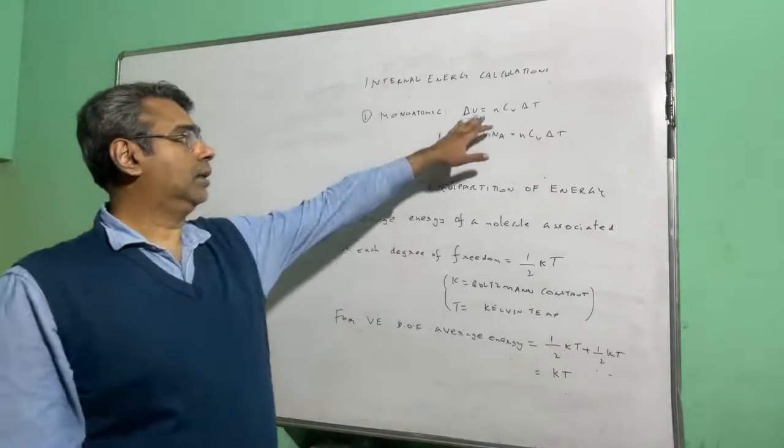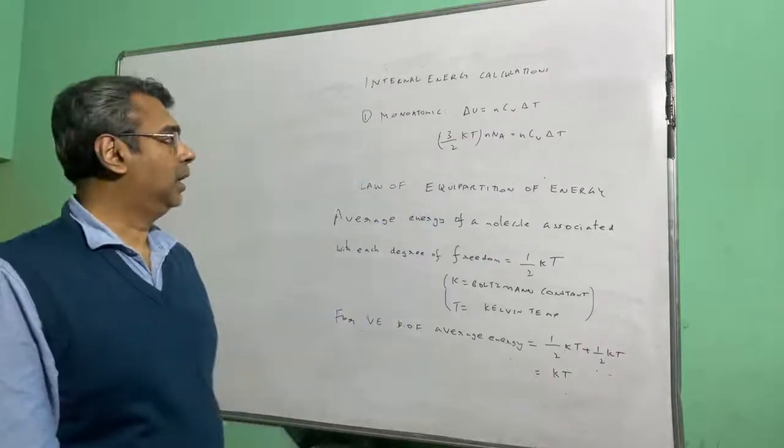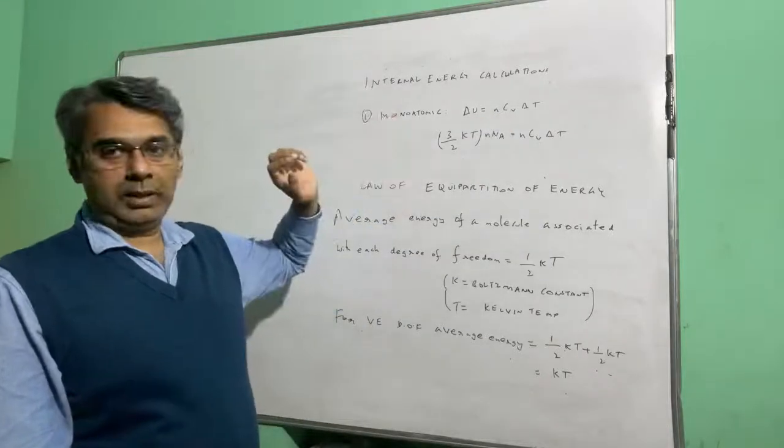Now you know that delta U formula is n Cv delta T. Now you are telling it is monoatomic.